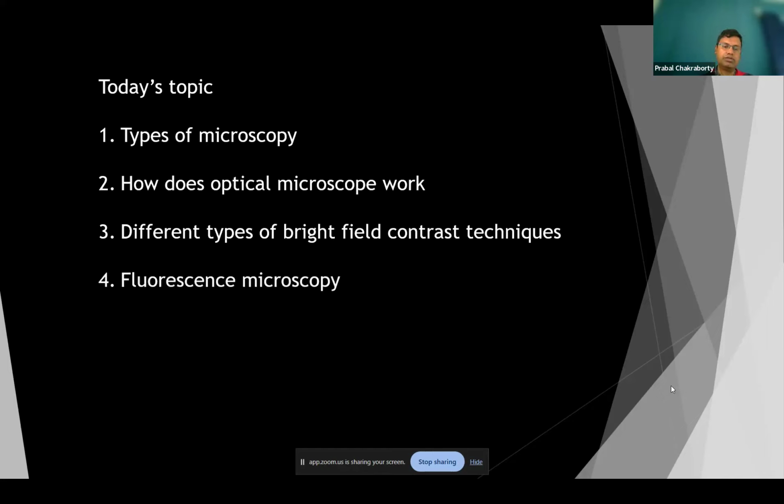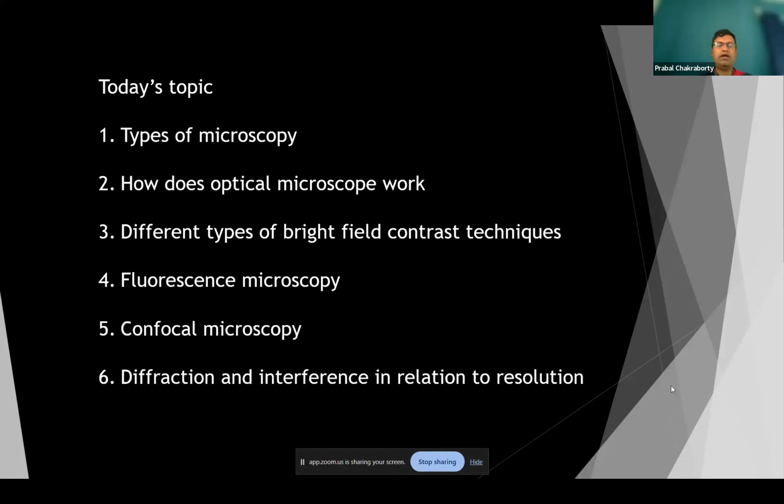Then we'll go to fluorescence microscopy and confocal microscopy, and finally I'll talk very briefly about what is meant by the resolution limit of an optical system, and then very superficially we'll touch on super resolution microscopy. If time permits, we can cover points 1, 2, 3 now, and probably from 3 o'clock we can start from fluorescence to super resolution.